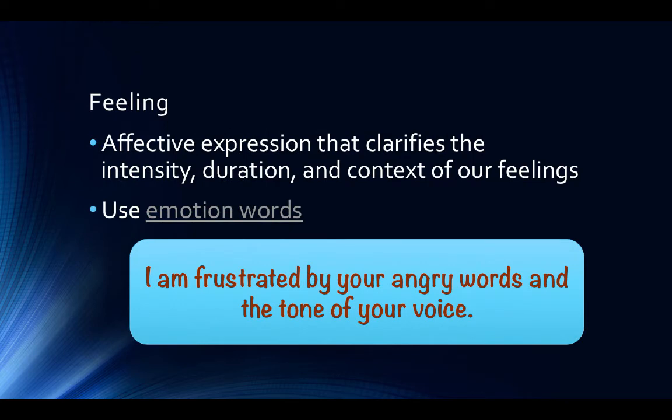The third piece is a feeling statement. It clarifies the intensity, duration, and context of our feeling. And the thing that really separates a feeling statement from a thought statement, which are the two kinds that people get most confused about, is the use of emotion words. "I'm frustrated by your angry words and the tone of your voice."